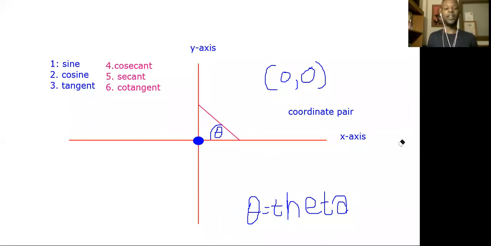So now here is how we remember these names and what they represent. Theta is the angle that we're studying. That's the angle we're going to be finding the trigonometric functions of.